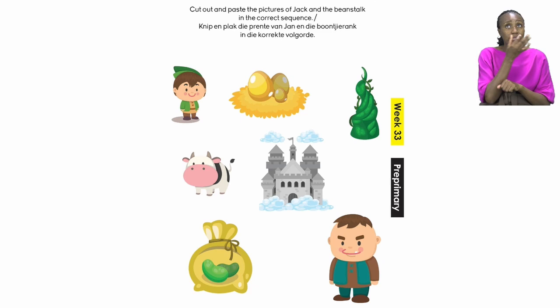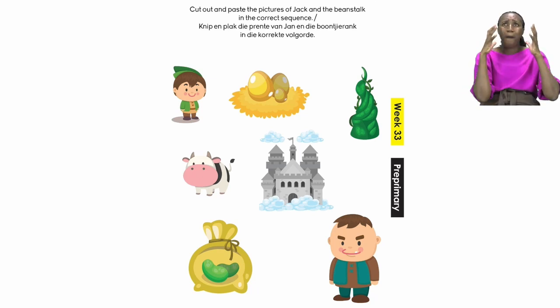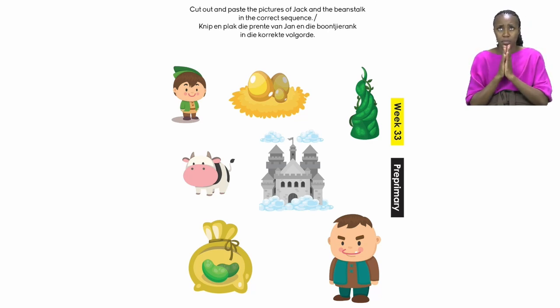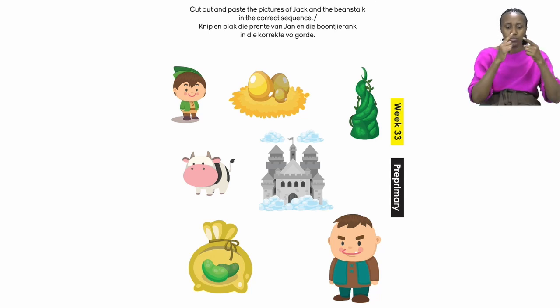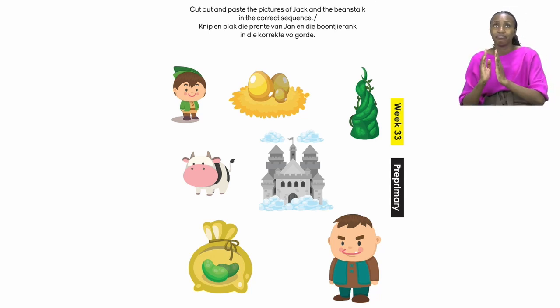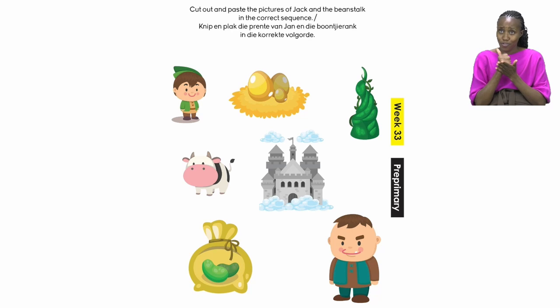On page 9, we are going to be cutting and pasting the pictures of Jack and the Beanstalk in the correct order. Now, in order for us to do that, we actually need to read the story of Jack and the Beanstalk. And I want you after that to try and put the pictures according to our story. So, please take a seat and open your ears.